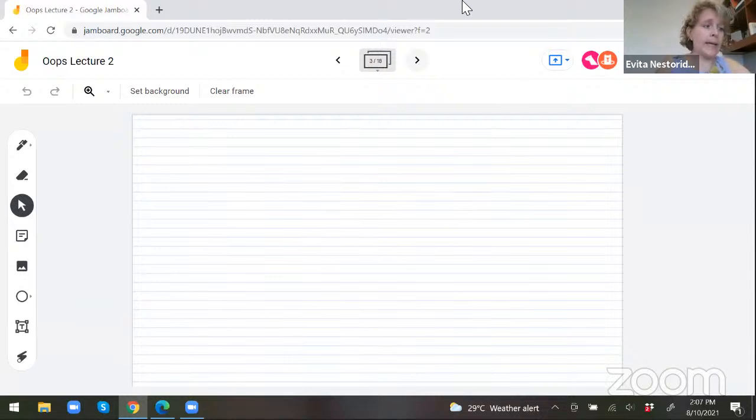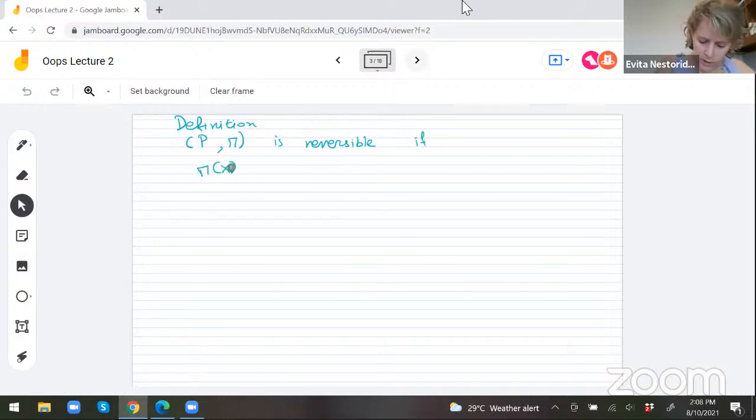Let me quickly remind you what reversibility is and a few properties that will also come into play when we discuss eigenvalues. We say that the transition matrix P and its probability measure π is reversible if this equation is satisfied.